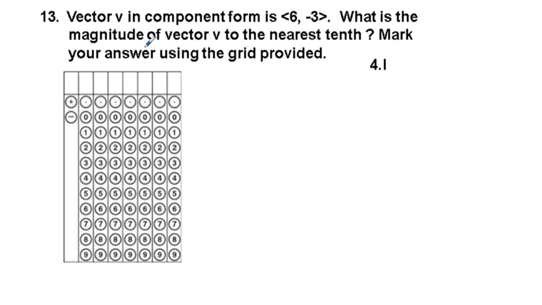Problem 13, vector v in component form is 6, -3. What is the magnitude of vector v to the nearest tenth? Mark your answer using the grid provided. What we use is essentially here a version of the distance formula.